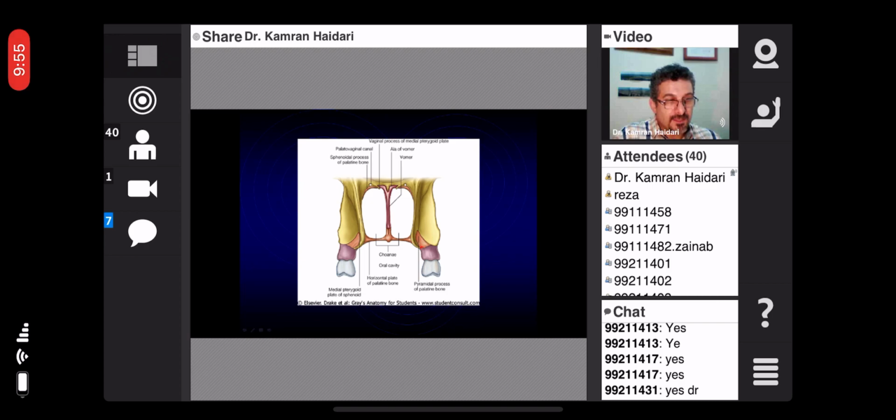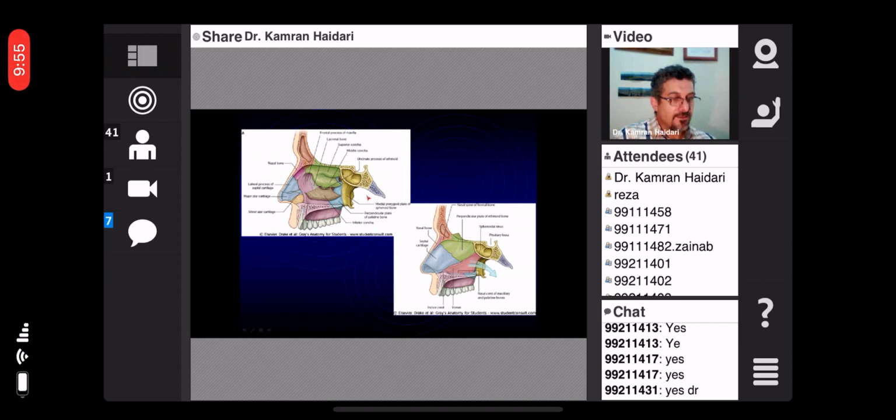This is the pterygoid process of the sphenoid bone, and you can see the lateral plate, medial plate, and the pterygoid fossa is clear, obvious in this view. Okay, and this is the bony part of the nasal septum.